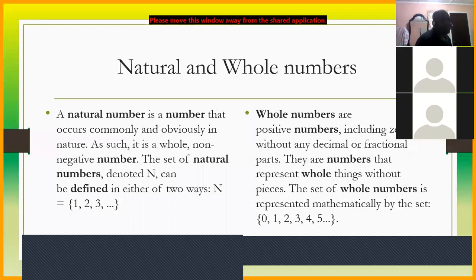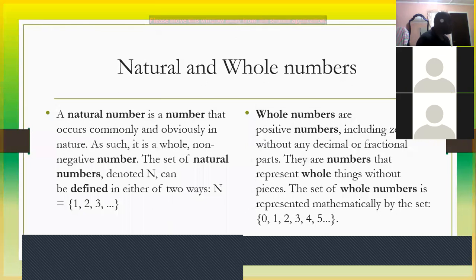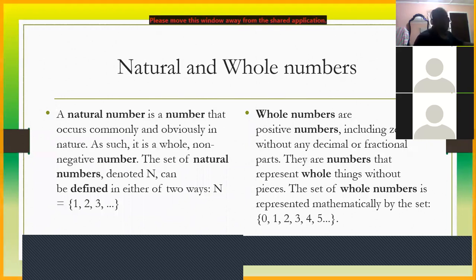Good. But look at the brackets. Look at what's in the brackets to tell the difference. See any difference between the two sets of numbers?